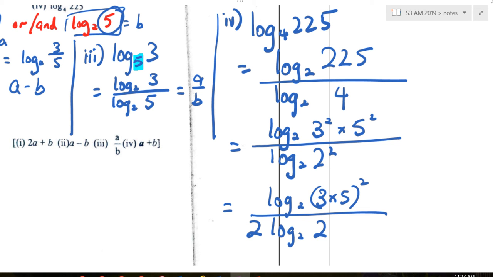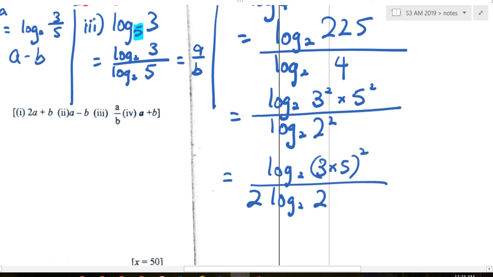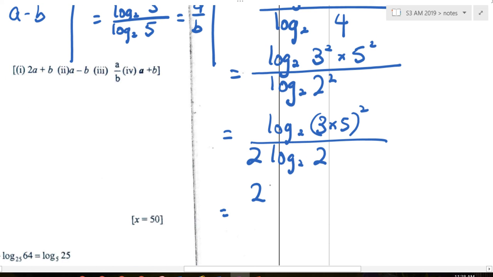Isabel, if I have a square here, can my square jump down in front? Can my square come in front? Yes, right? So my square coming in front means I can have 2 log base 2 of 3 times 5, over 2. And log base 2 of 2 is 1, right? And then you can see the 2 and 2 can cancel.